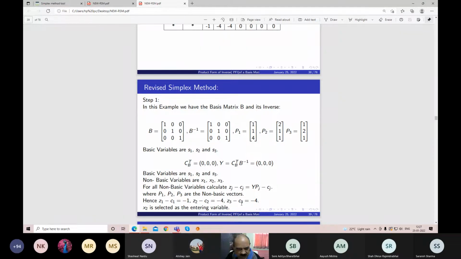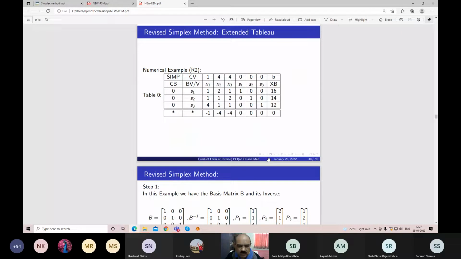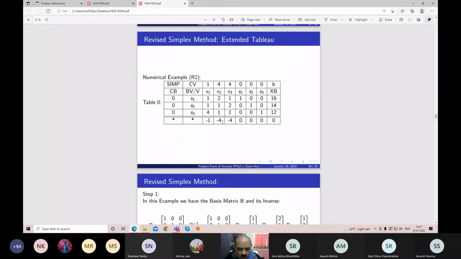Similarly, Z3 minus C3, y into P3 minus C3, is also minus 4. So what I have written here: minus 1, minus 4, minus 4. And similarly, the other elements, verify, are also becoming 0, 0, 0. And if you multiply 0, 0, 0 with 16, 14, 12, that is also 0. These minus 1, minus 4, minus 4 are the indicator row elements for the non-basic variables.